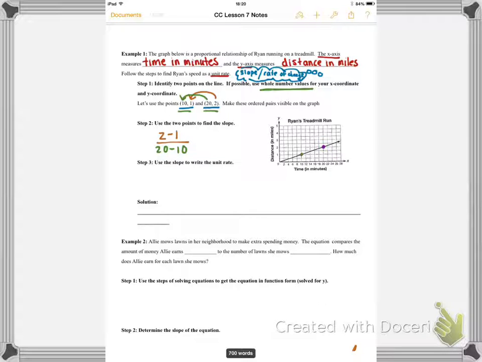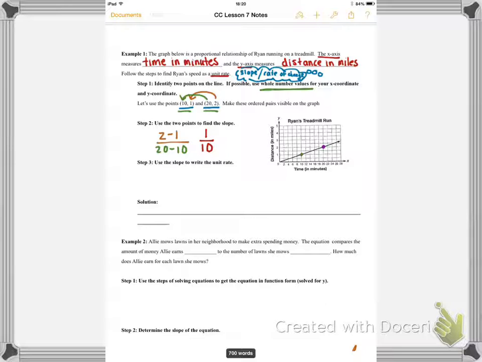And that is going to give us our slope. So we have 2 minus 1 for the change in y, which is 1. And then 20 minus 10 for the change in x, which gives us 10. So we get 1/10 as the fraction.